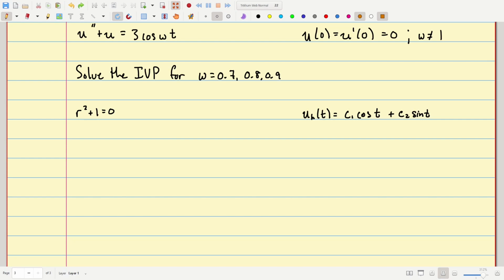All right, so now we are going to look at a particular solution for the differential equation. We're going to guess that it looks like a cosine omega t plus b sine omega t, and do the work in order to set ourselves up to be able to plug this in.